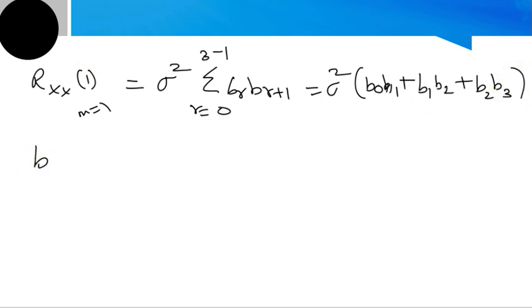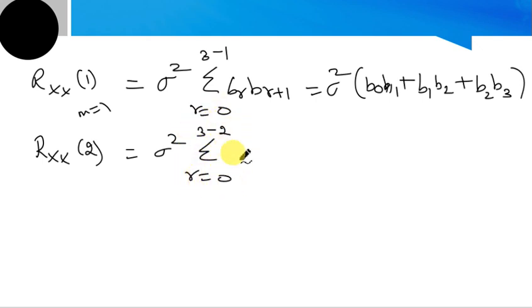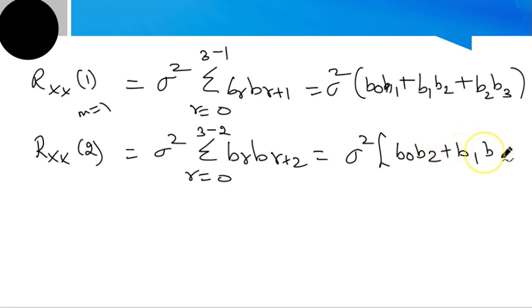Next, I have to move into Rxx of 2. When I go for Rxx of 2, what will be the condition available here? My Rxx of 2 would be sigma squared summation r equal to 0 to 3 minus 2, value will just be 1. I will have br into br plus 2, and this is going to give me two terms, sigma squared, I will have b naught b2 plus b1 b3.